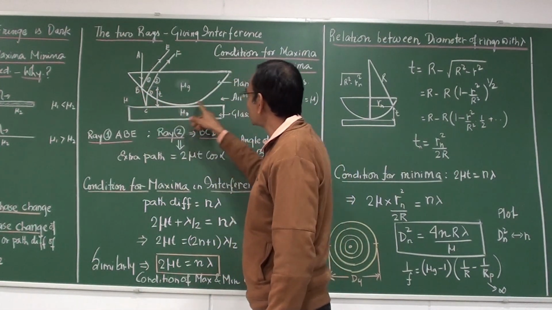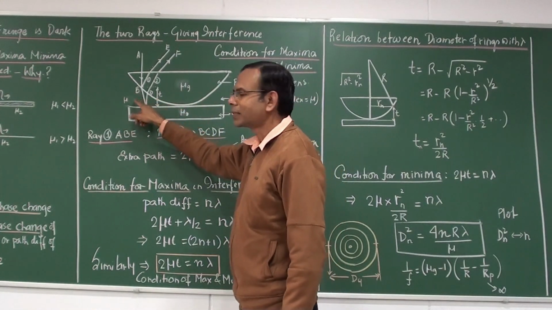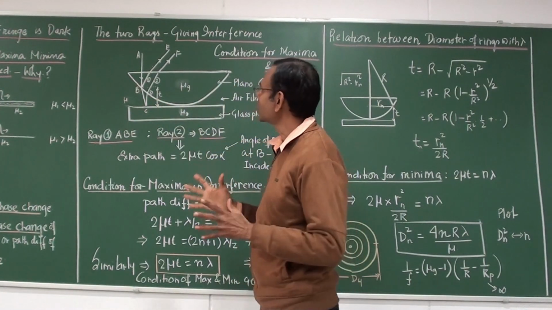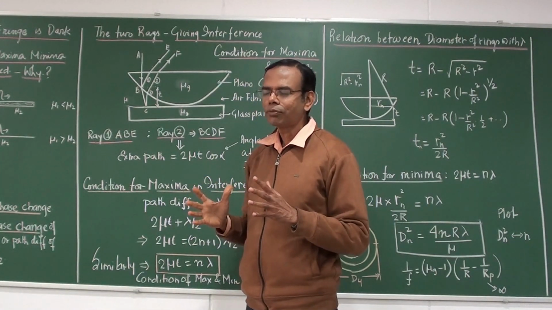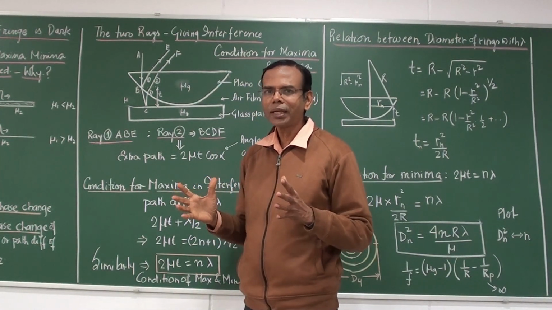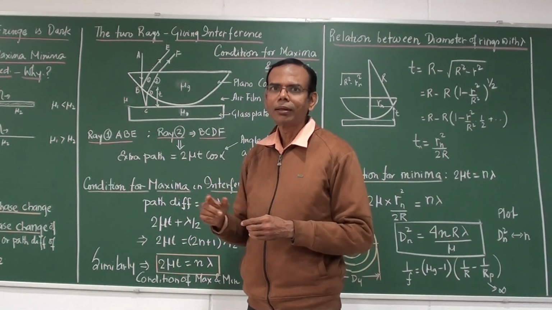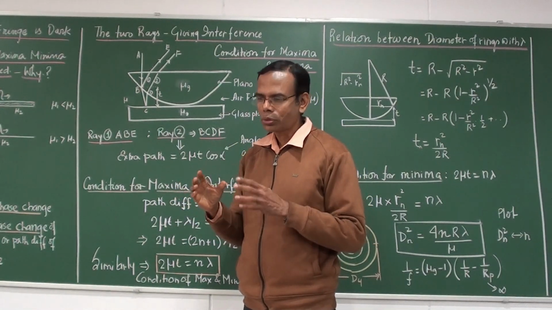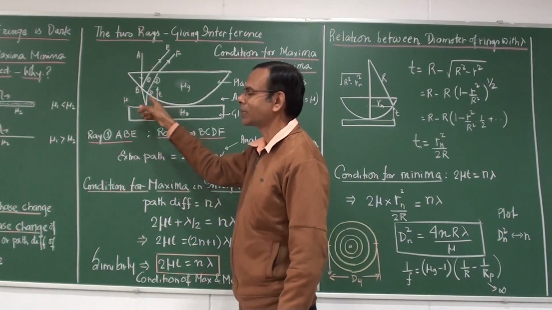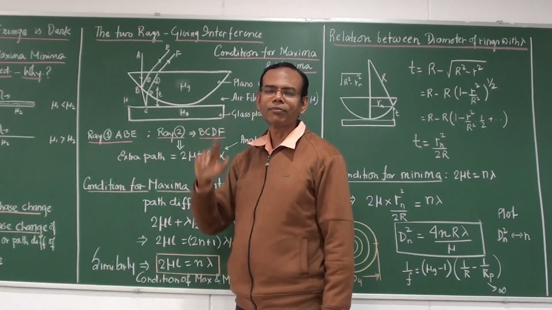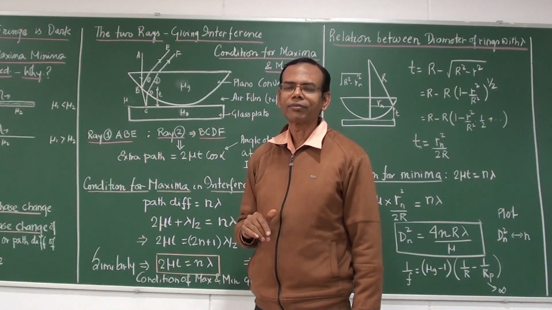Now in between there is a thin film. Basically here we are getting the interference because of a thin film, because one of the rays has to travel an extra path in the thin film, and it is because of this thin film that we are getting the interference.